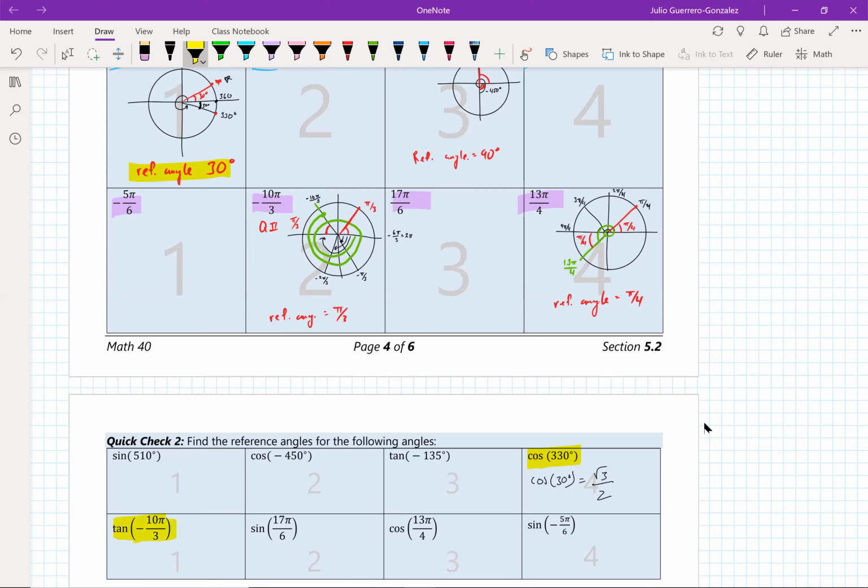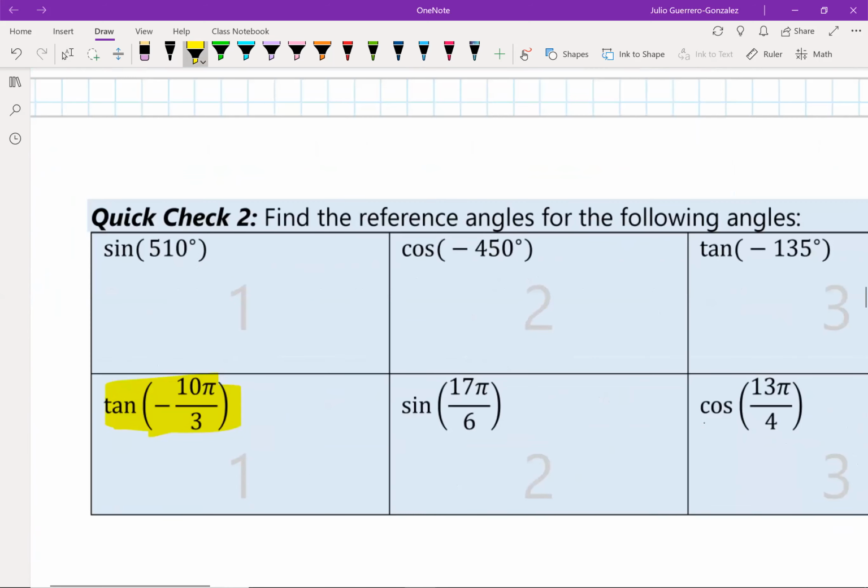Tangent of negative 10 pi over 3. We found the reference angle. It's pi over 3. So this is equivalent to tangent of pi over 3.